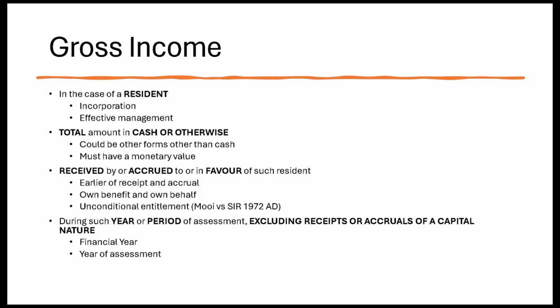So the first part of the gross income definition says "in the case of a resident." Now, what is a resident? How do you determine a resident? For this level, the assumption is that you will be given whether you are dealing with a resident or not. But let's say you had to determine this at a very basic level. What is a resident? A resident is somebody that is of a place.